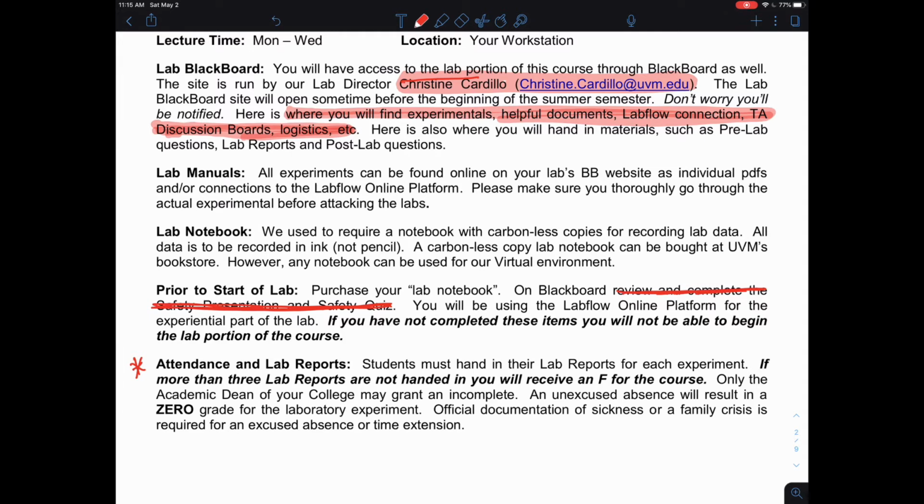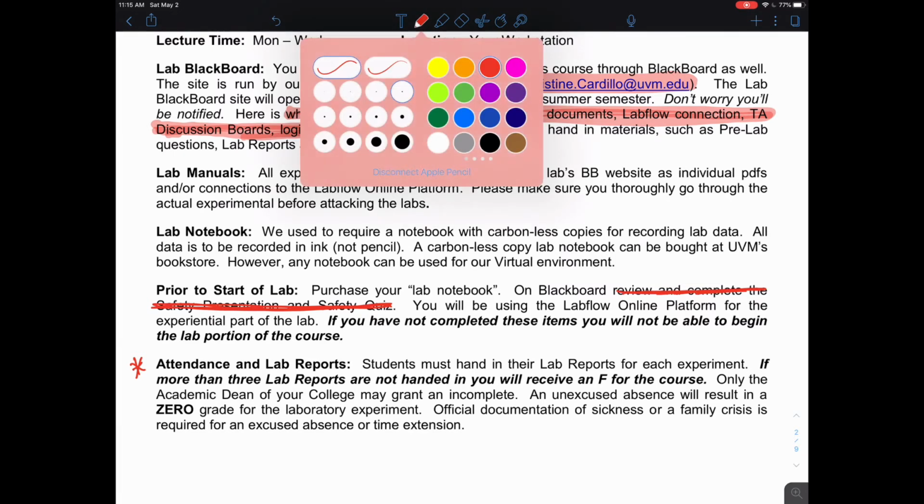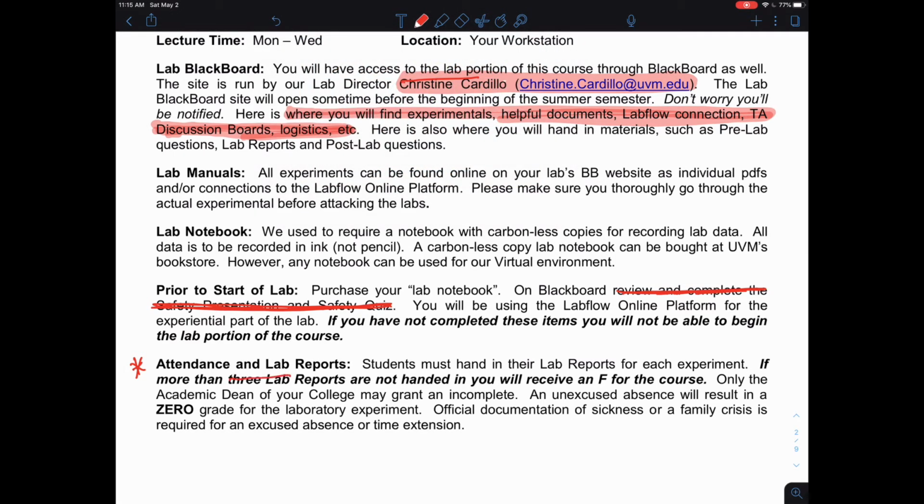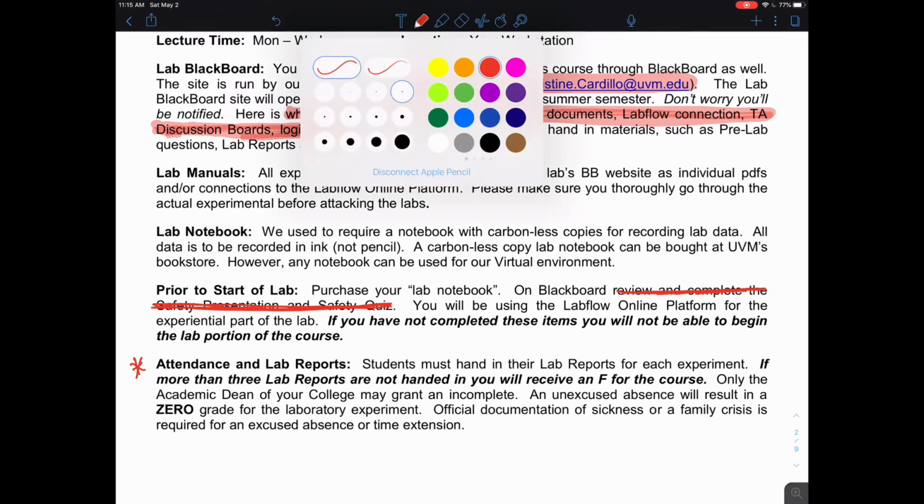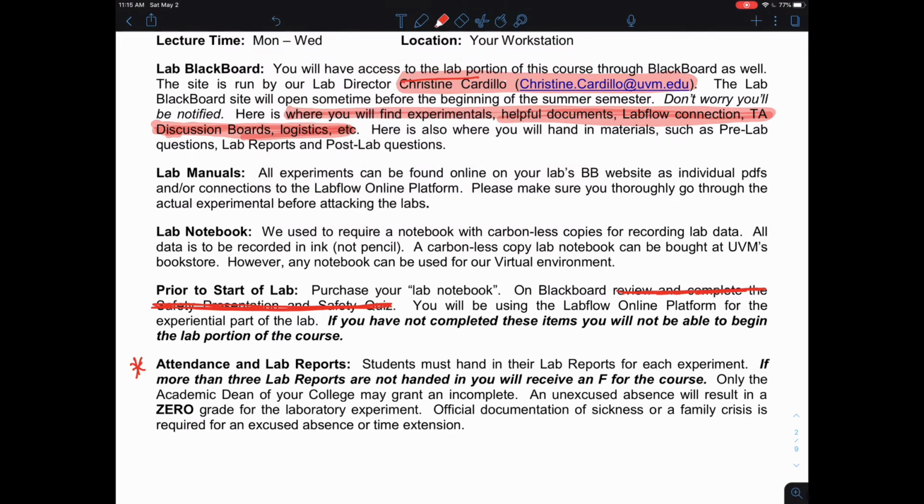And really the most important piece here is that you got to hand in everything. If you miss 3 lab reports, that's an F. And that's not just an F for the lab, that's an F for the course. We need you to have so much experiential learning with this course, and that's where we've set the boundary.